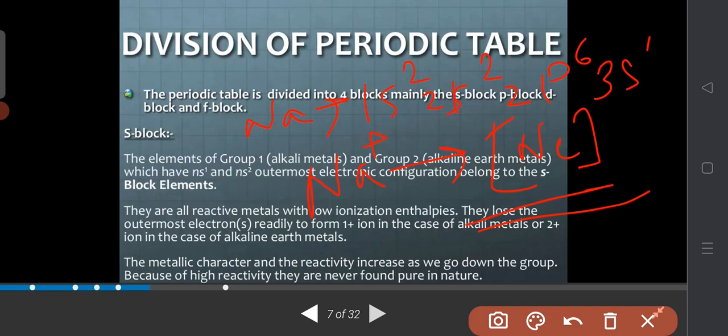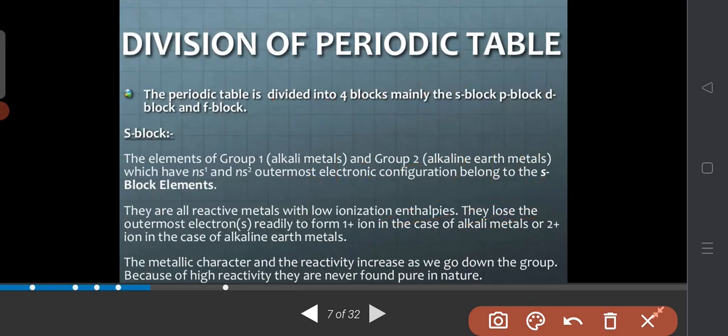That tendency to lose an electron is the metallic character, and they are considered metals. And why are they alkali metals? Because they form bases or alkalis in the presence of water. I think all of you can understand up to that.